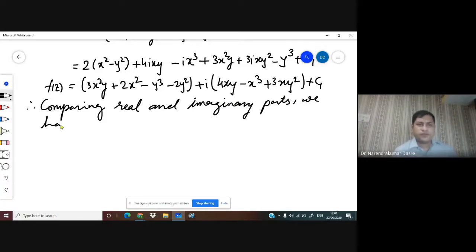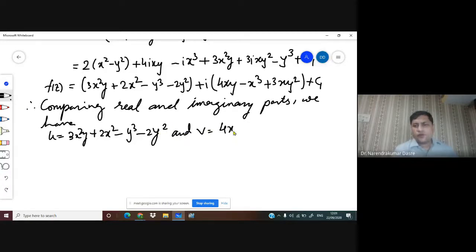So we get u is equal to 3x square y plus 2x square minus y cube minus 2y square, and we get v is equal to 4xy minus x cube plus 3xy square.